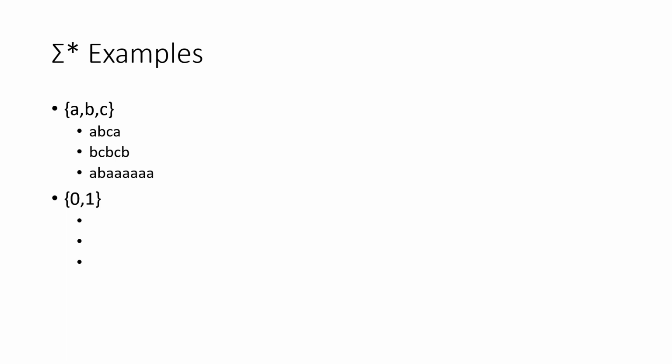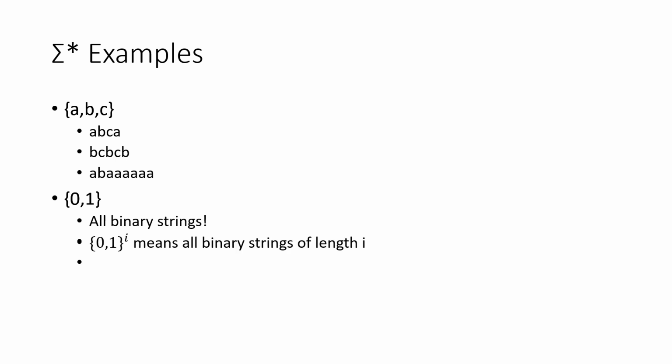So rather than just writing some strings, I'm going to point out that {0, 1} star has all binary strings, and {0, 1} to the i means all binary strings of length i. And here I am saying that {0, 1} star is equal to the union of i greater than or equal to 0 of {0, 1} to the i.